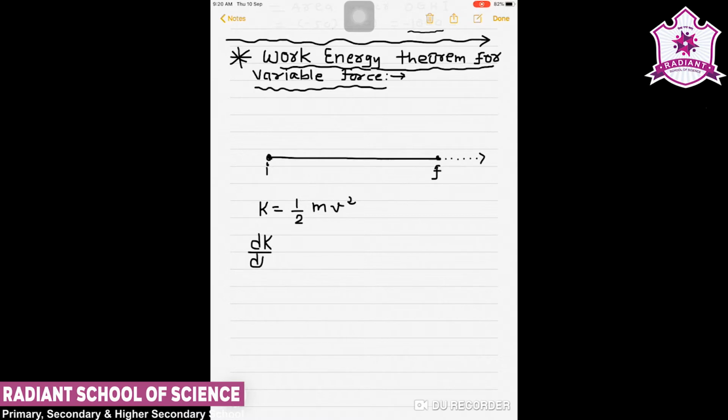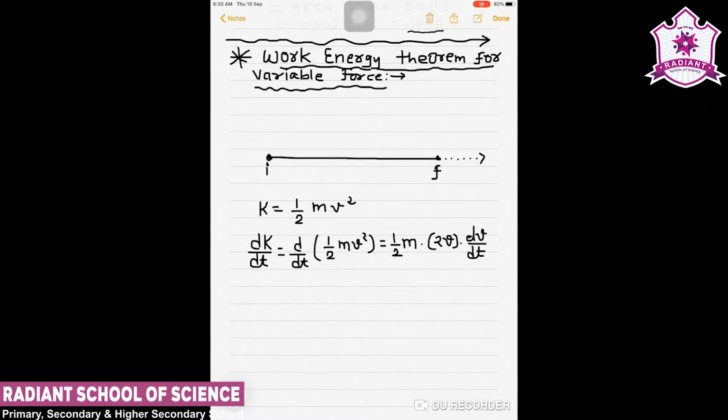So we will take dK upon dt is equal to d by dt of 1/2 mv square. Taking 1 by 2 m as common, the differentiation will be 2 into v, that is dv upon dt.